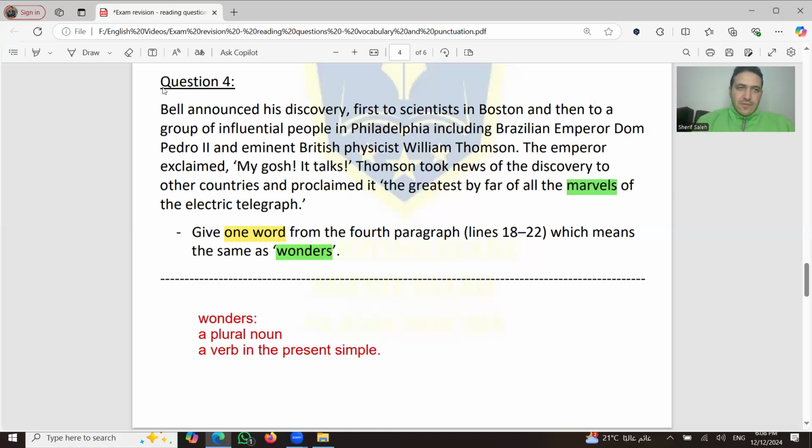And in this way, we can eliminate, or know that we shouldn't choose, for example, a verb in the past tense. We shouldn't choose an adjective and so on. So we narrow down the options to a smaller number of words, and then we choose. It will be easier to find the right answer. So the answer here is marvels.